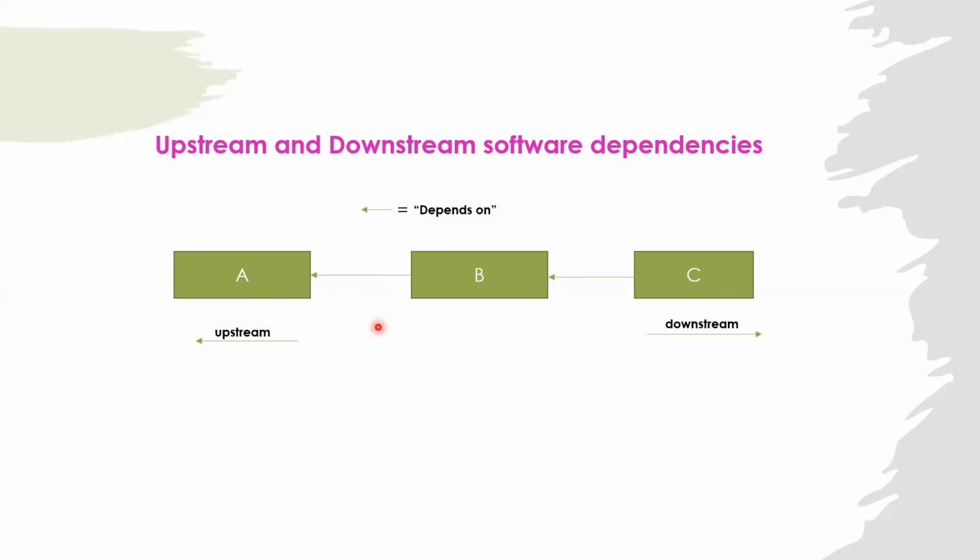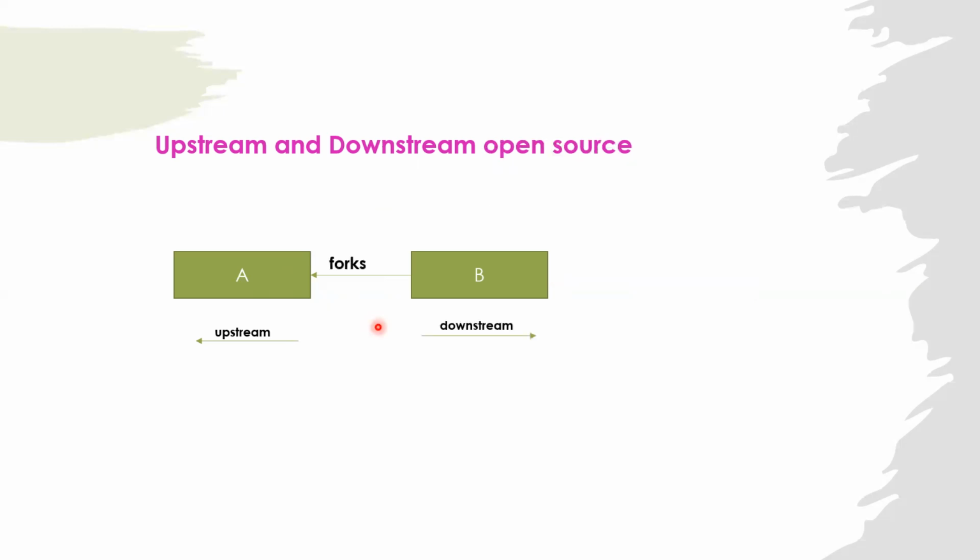And similarly, if you look at open source projects, this is what I'm going to tell about. The words upstream and downstream are used a lot in open source development.